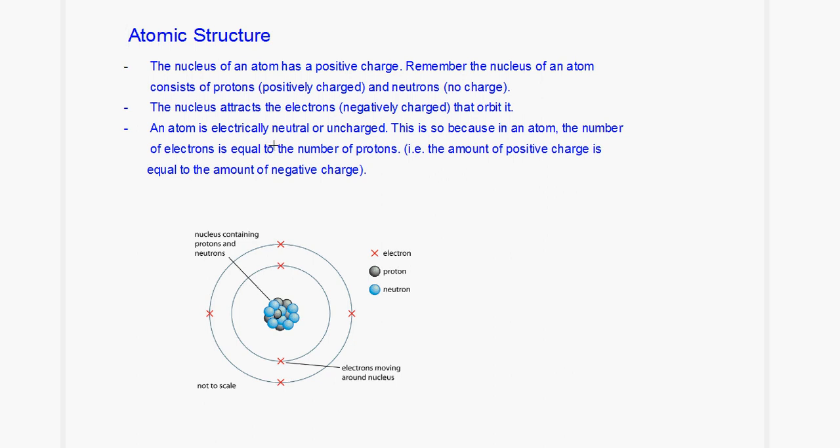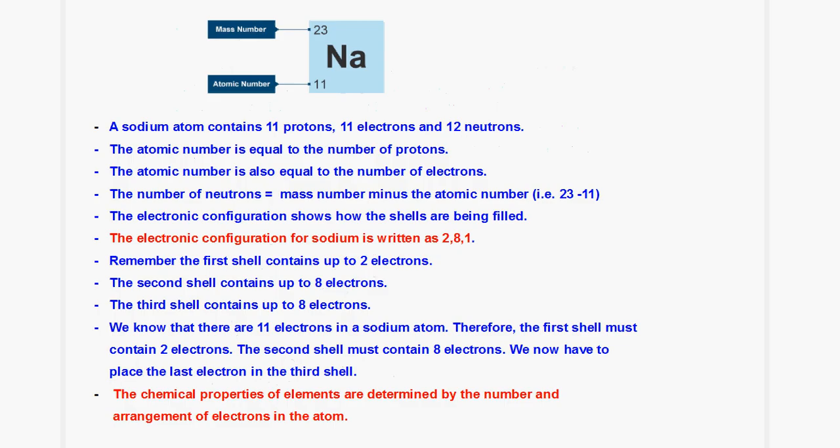The atom is electrically neutral because normally you have an equal amount of positive and negative charge. So therefore an atom is electrically neutral. Now, usually from the periodic table, when we represent an element, we see 2 numbers associated with it.